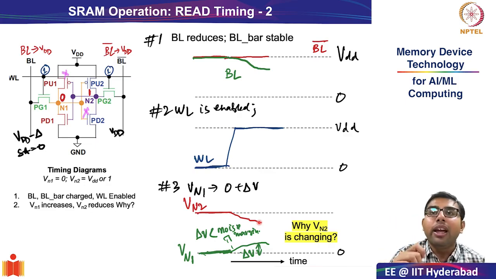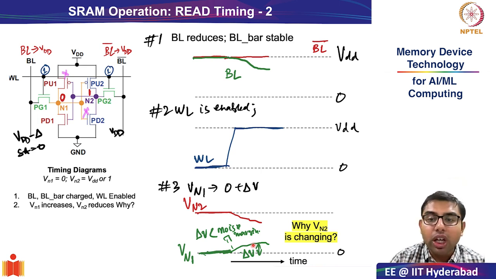So any small change in the input of the cross-coupled inverter will also lead to a change in the output. The speciality of the cross-coupled inverter is, if these disturbances are tiny, you will be able to regeneratively pull back the system to its original state, right?